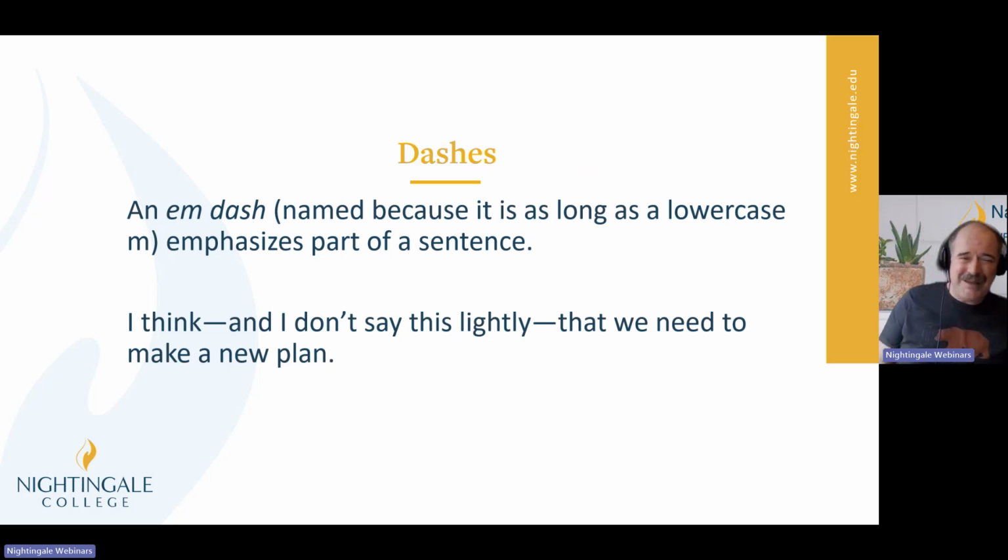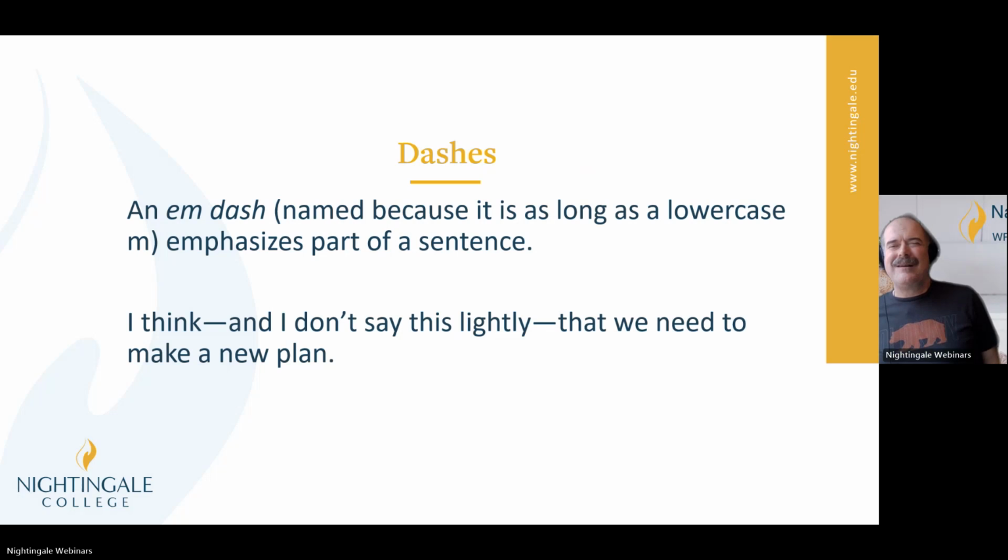All right. So we see here, "I think, and I don't say this lightly, that we need to make a new plan." Notice that if I'm reading this, I naturally want to take a pause at those M dashes, and it makes it feel a little bit more like the way that most people actually talk. When we want to emphasize, we take a little pause, just like that.